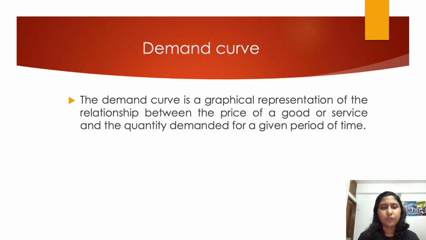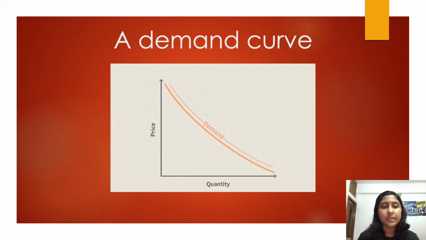Now moving on to something very, very important, which is the demand curve. So what is the demand curve? A demand curve is a graphical representation of the relationship between the price of a good and the quantity demanded for a given period of time. So here is a demand curve.